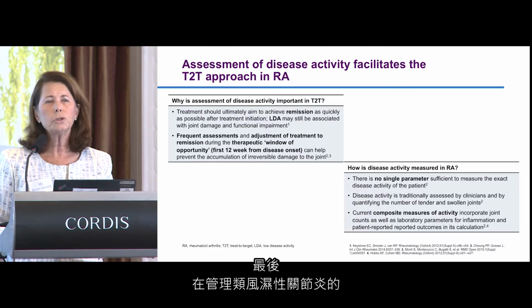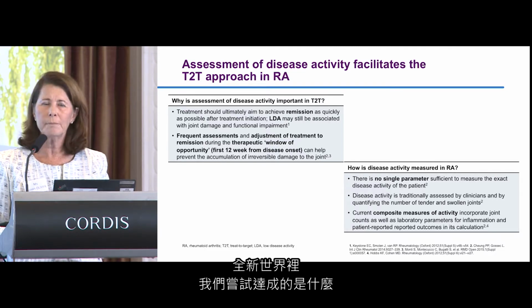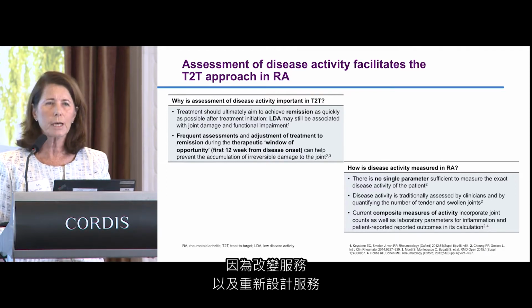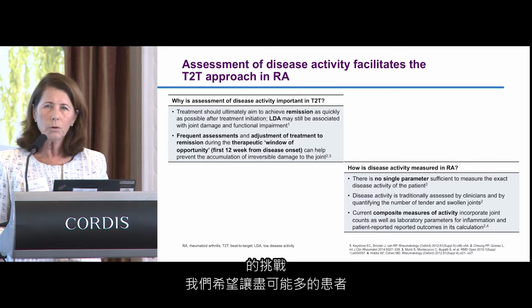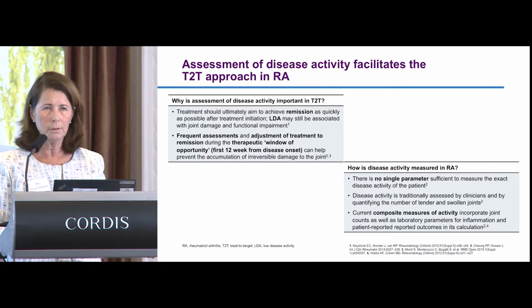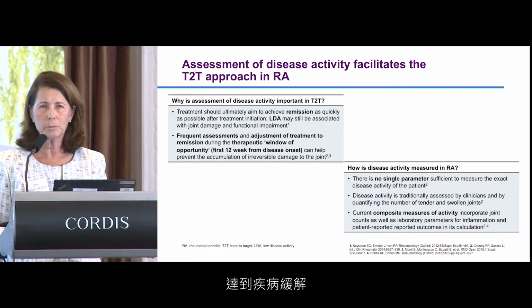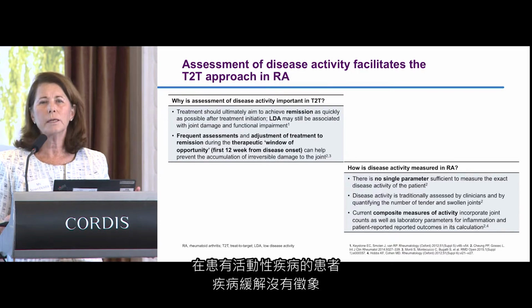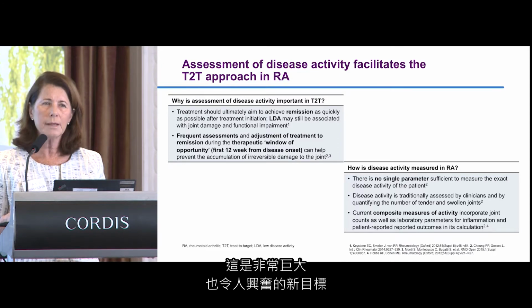Ultimately, what we're trying to achieve for the new world of managing rheumatoid arthritis, and this is a big ask in Asia because of the challenges of changing services and redesigning services, is to achieve remission for as many patients as possible. Remission is no signs of active disease in the patient, and that's a very big, exciting new target.